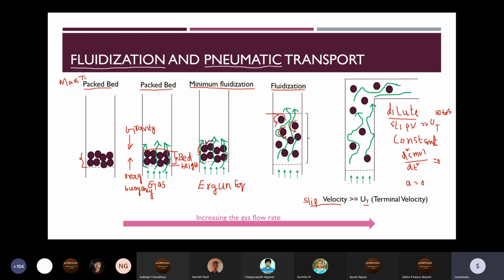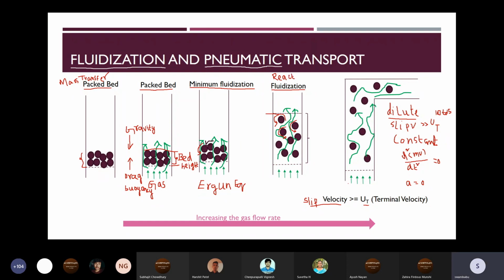Most of the mass transfer operations, we tend to use packed beds. Fluidization, you will learn more in reaction engineering, especially catalytic reactions.